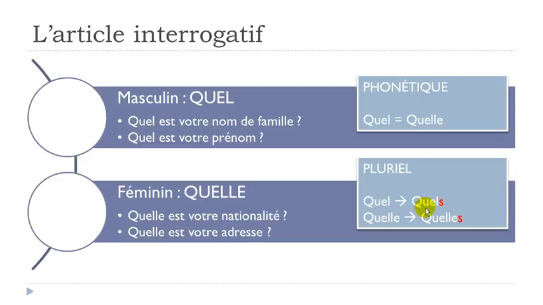The rule in French, if you remember from the previous lessons, is to put this final S at the end of the words to make the plural. So quel here for the masculine singular will become quels here, masculine plural. Quelle here, feminine singular, will become quelles with the S, feminine plural. And the good news is that you will pronounce them the same way. So quel, quel, quel, and quel.